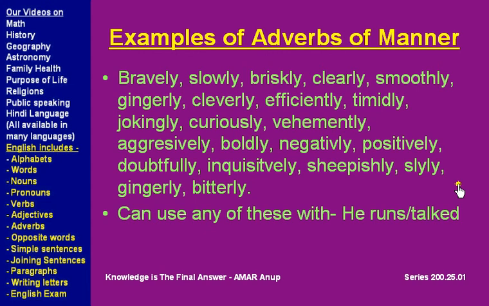One thing to remember: do not overdo adverbs. Use the appropriate adverb with the verb. That way you will give a clearer, correct picture of what you want to describe.